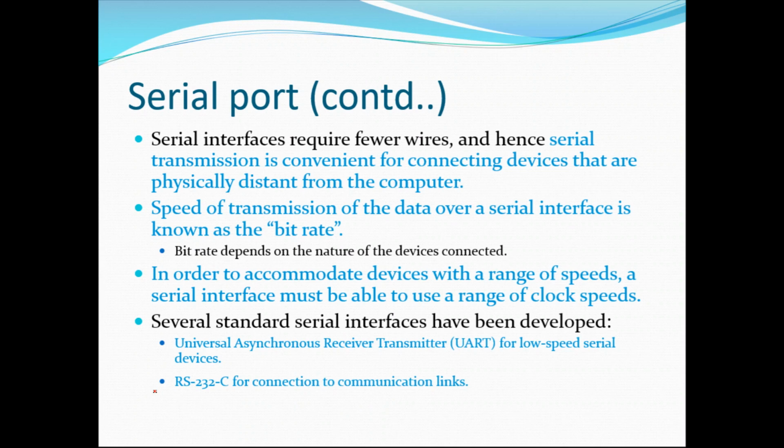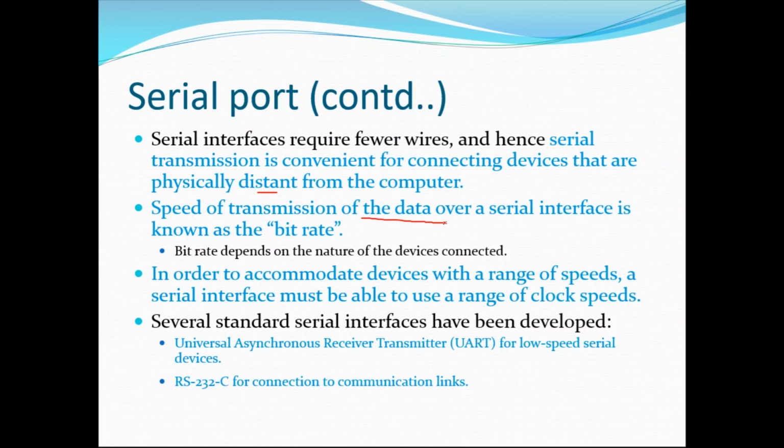Serial interfaces require fewer wires, and normally they are used for communicating with devices which are physically distant from the computer. Nowadays we use USB, which is a serial connection, but it is a high speed serial connectivity.